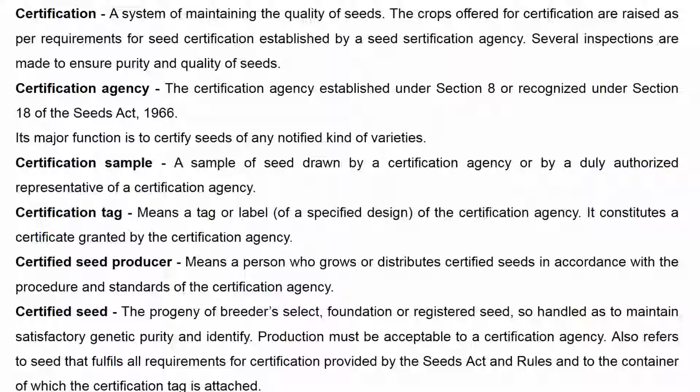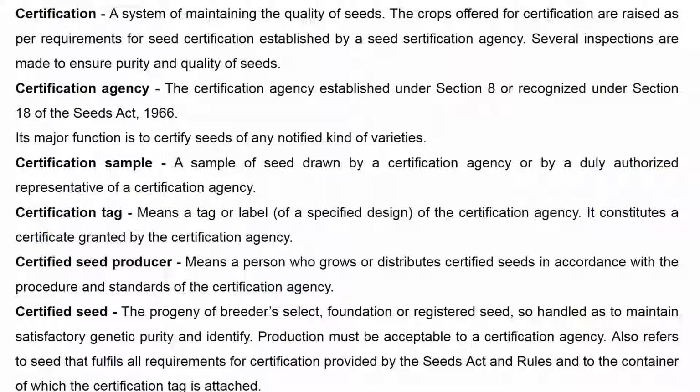Certification Agency. The agency established under Section 8 or recognized under Section 18 of Seeds Act 1966. Its major function is to certify seeds of any notified kind of a variety. Certification Sample.